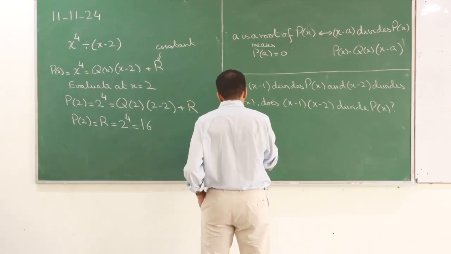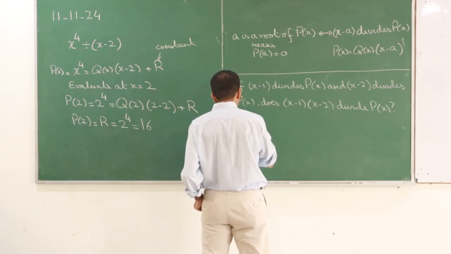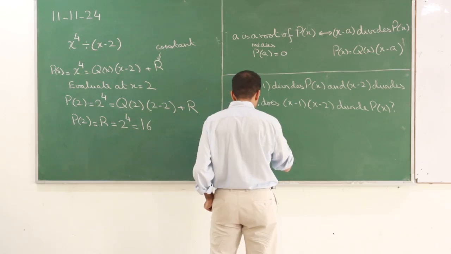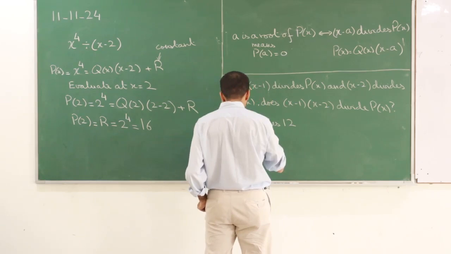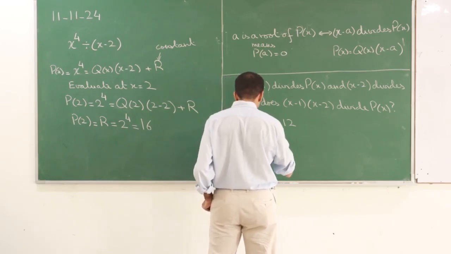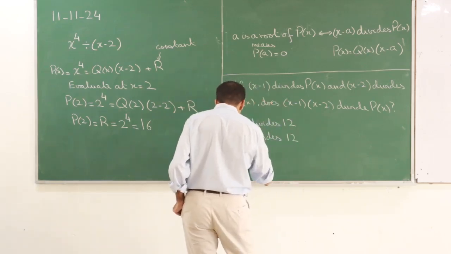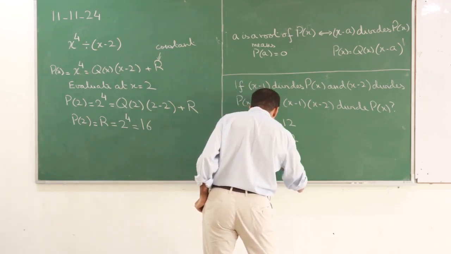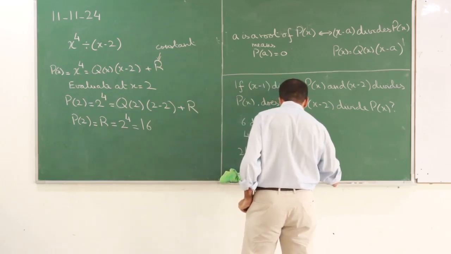Take an example: we know that 6 divides 12 and 4 divides 12. But note that 24 does not divide 12, right?